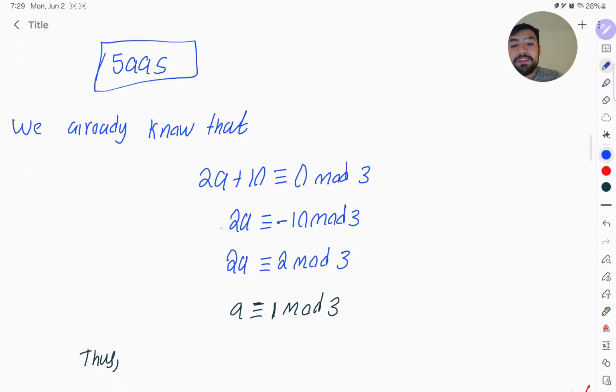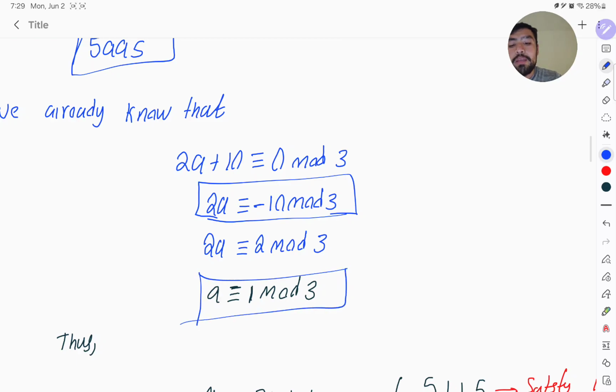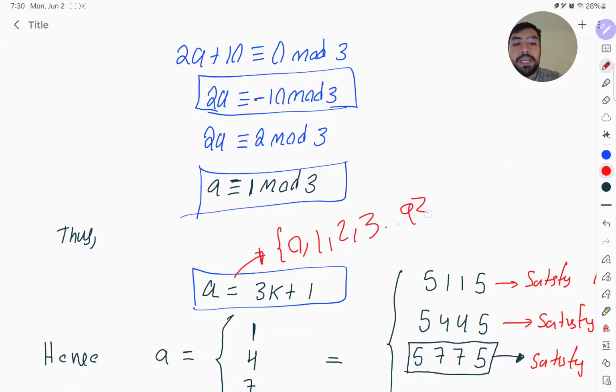And if we simplify this condition with modular arithmetic, then we conclude that a must be congruent with 1 modulo 3, which means a is of the form 3k plus 1 for a value of k. And since a is a digit, then a also must be bounded by the set of digits, which is 0, 1, 2, 3 up to 9.